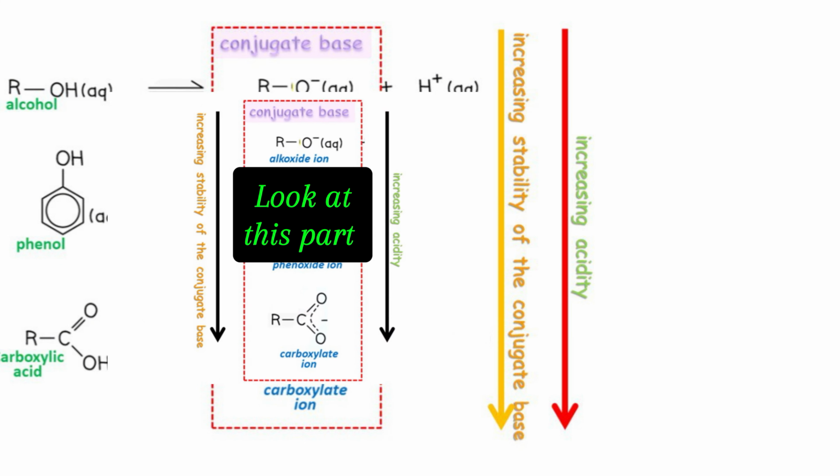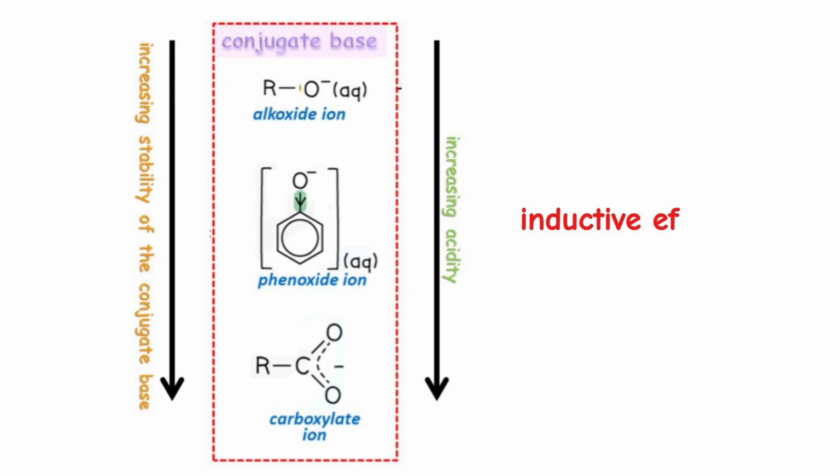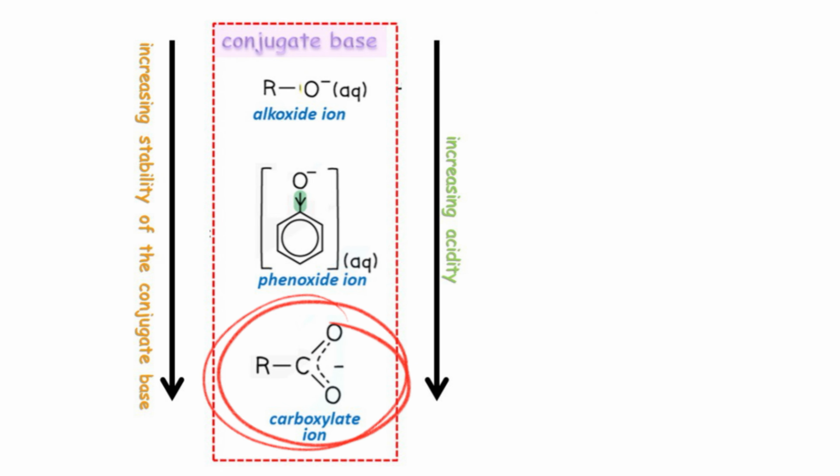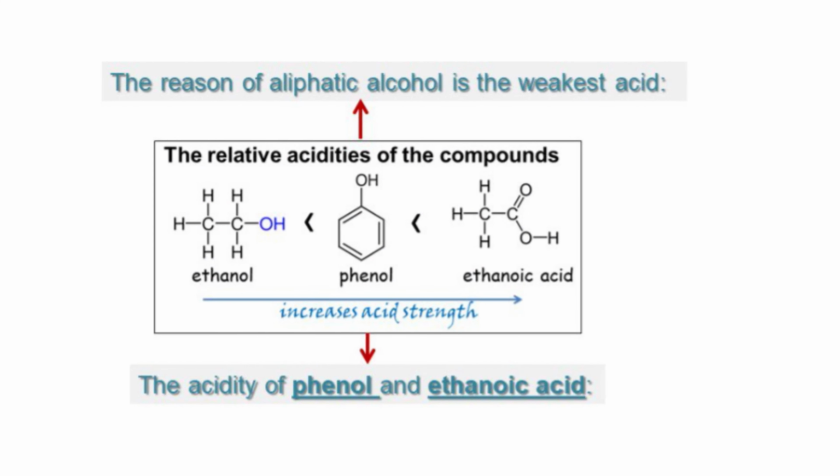Now, we need to use the concept of inductive effect and resonance effect to explain why carboxylate ion is more stable than phenoxide ion or alkoxide ion. At first, we need to explain the reason why the aliphatic alcohol is the weakest acid. Then explain the acidity of phenol and ethanoic acid.